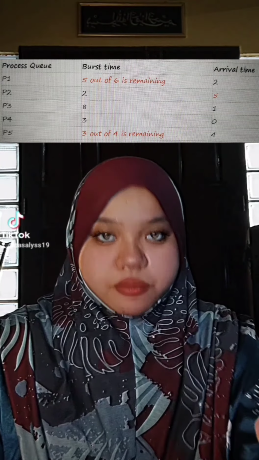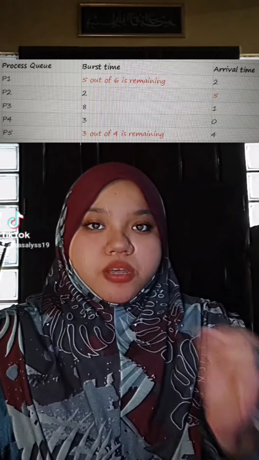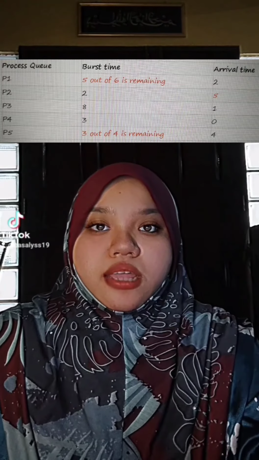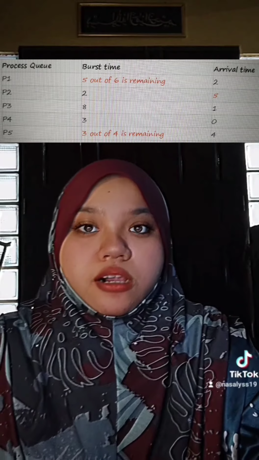The burst times of P1 and P3 are compared. Process P1 is executed because its burst time is less. At time 15, P1 finishes its execution. P3 is the only process left, so it starts execution, and at time 23, P3 finishes.